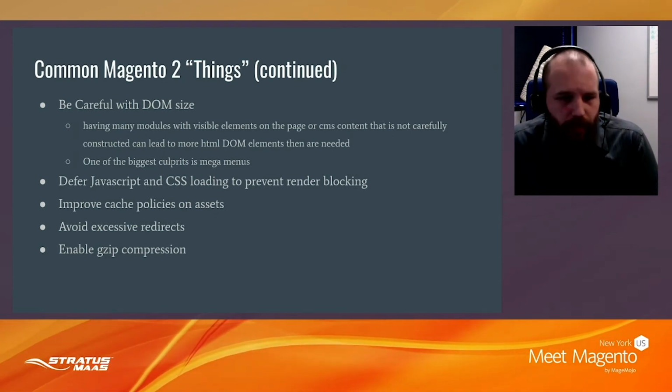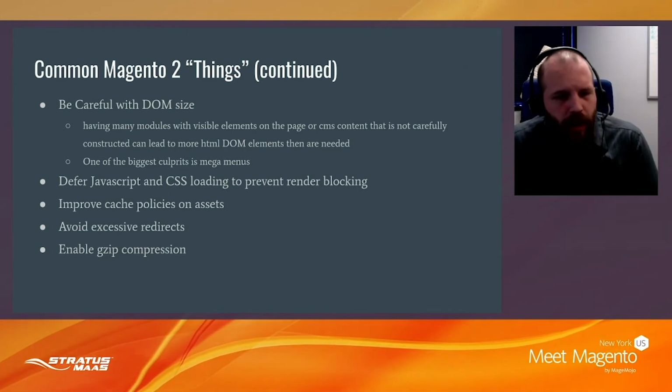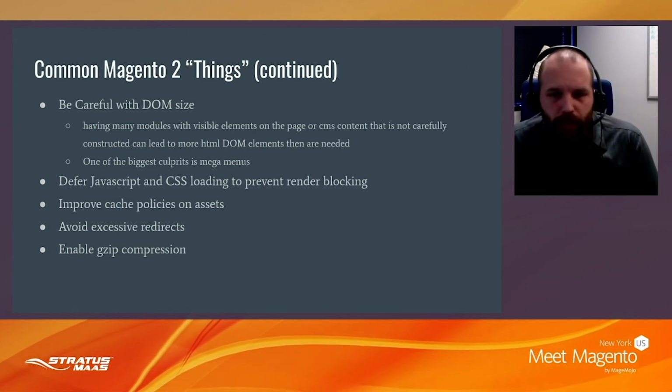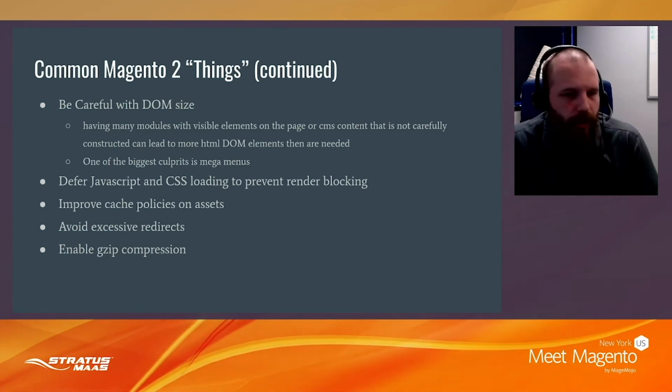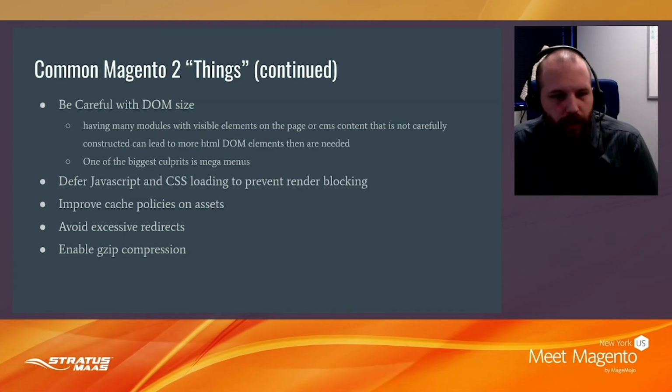Next big thing that helps with your page speed scores is deferring JavaScript and CSS. One thing that happens is it becomes render blocking, where you end up downloading each JavaScript library and each CSS file individually. One blocks the next one in line, and that one blocks the next one in line, and they end up blocking each other, slowing your load time.